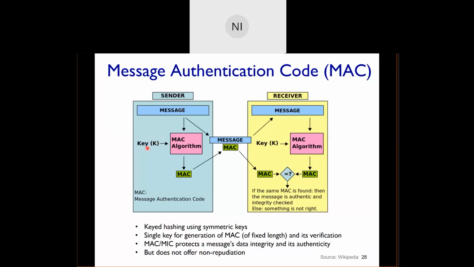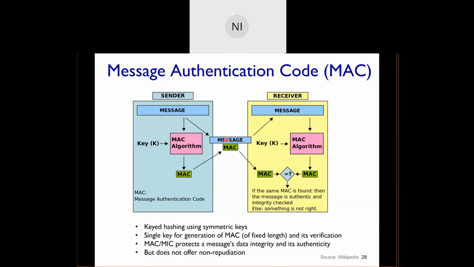To that you supply one secret key that is known only between sender and receiver. What this MAC algorithm does is it generates a fixed length digest or hash of the message, called MAC or MIC. So the sender sends the message along with the MAC.